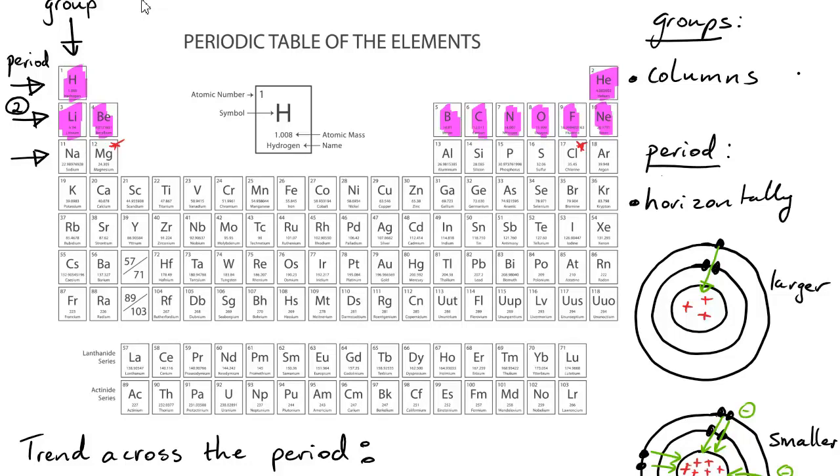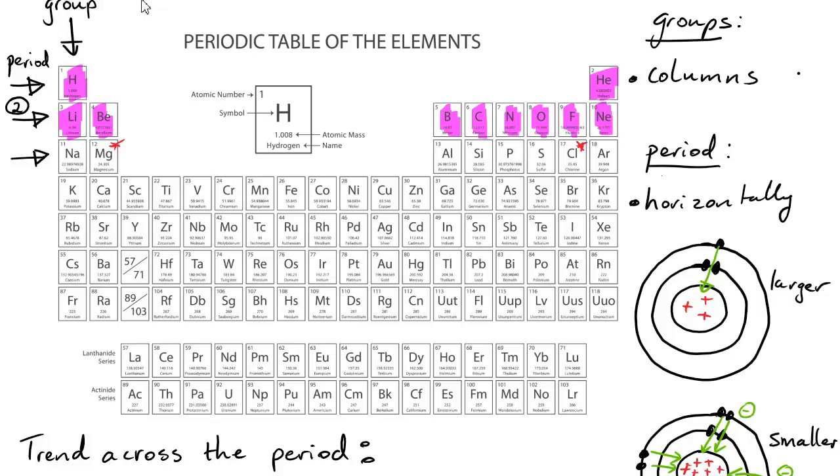Now, we already know from the previous example that chlorine must be smaller in size than magnesium because it's further down the period, and we know that the electrostatic attraction to the core of the nucleus is greater in chlorine compared to magnesium.